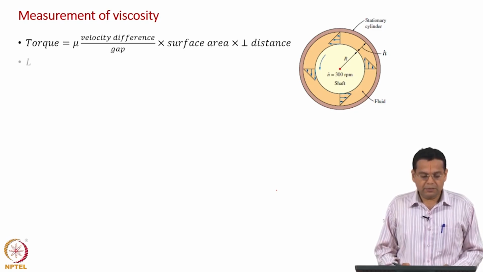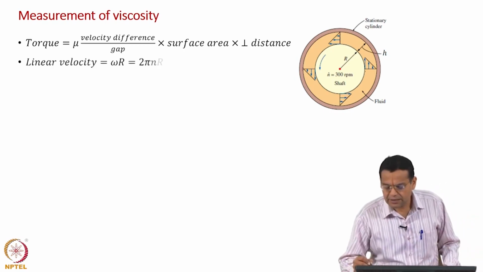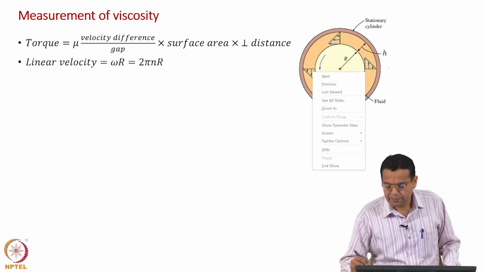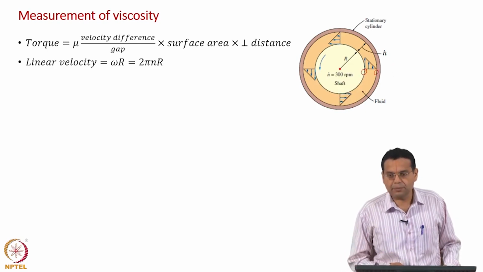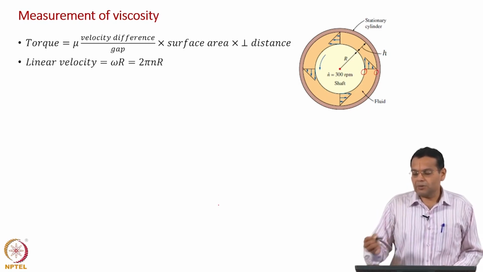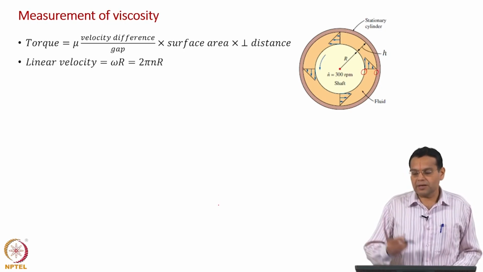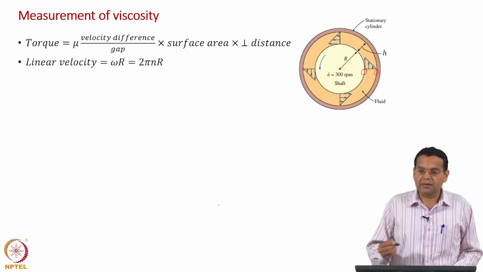Okay. Now, when I say velocity difference, it is the velocity difference between this point and this point. The inner cylinder is rotating, the outer cylinder is stationary. So, velocity there is 0. Whenever we say velocity, we mean the linear velocity.